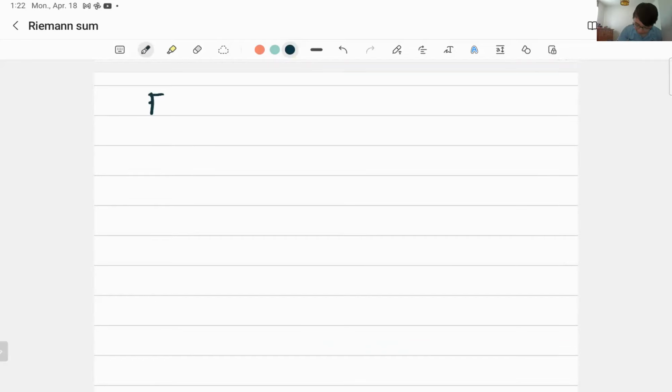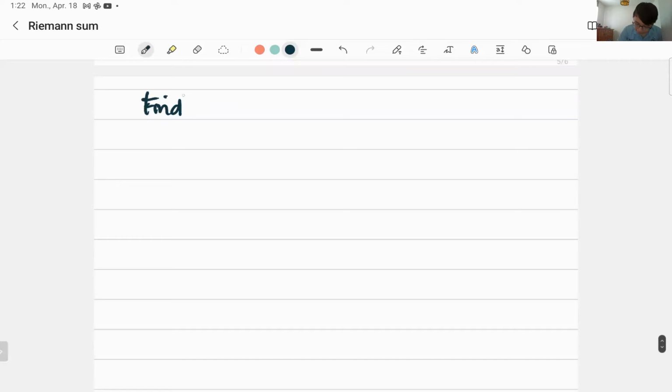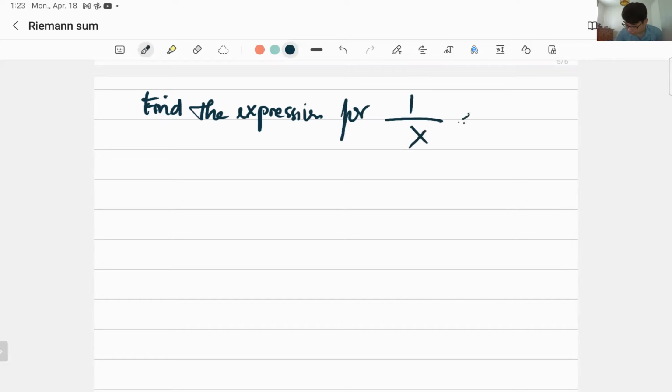Not even estimate, now we're going to find the expression for the function 1 over x from the interval 1 to 2. All right. So how are we going to do this?